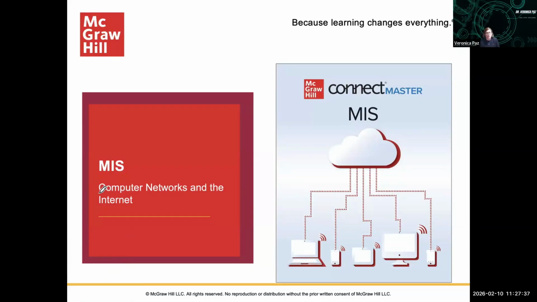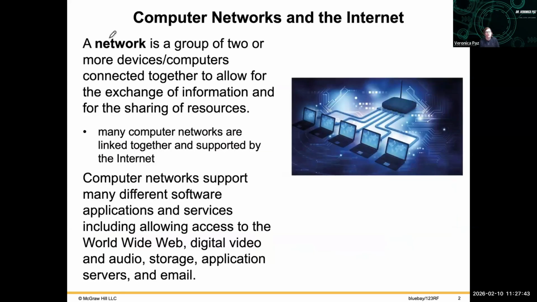So today we are going to talk about computer networks and the internet. First and foremost, a network is a group of two or more devices, computers, something that is connected together to allow for the exchange of information and to share resources. So most computer networks are linked together and supported by the internet.